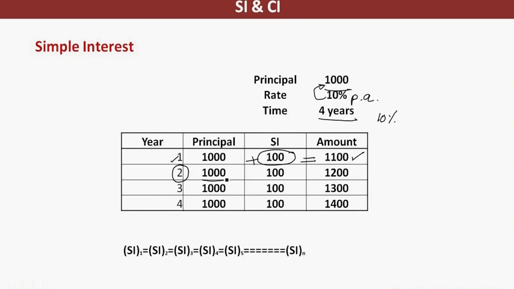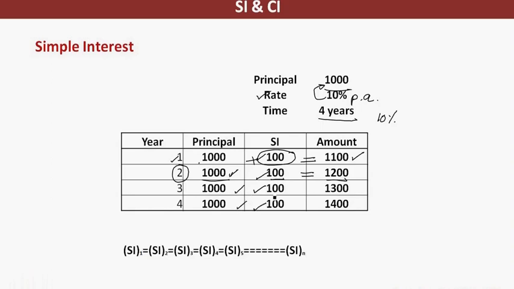Still, in the second year, my principal would not be considered as 1,100, though that is the money that is there in my account. I will get the interest on 1,000 only. So if the principal is not changing and the rate of interest is not changing, the simple interest would not change. So simple interest for the second year would still be 100. If I take out the money after 2 years, I will have my principal, simple interest for the first year, and simple interest for the second year added into my account.